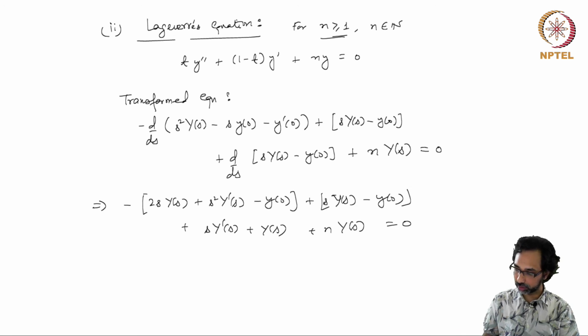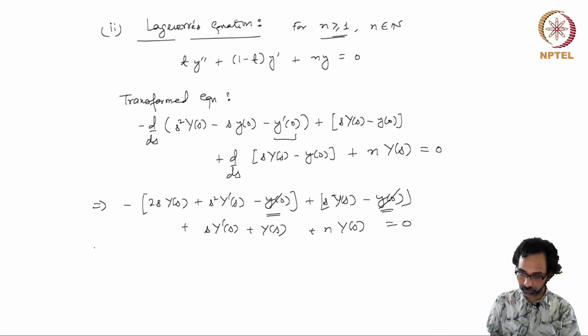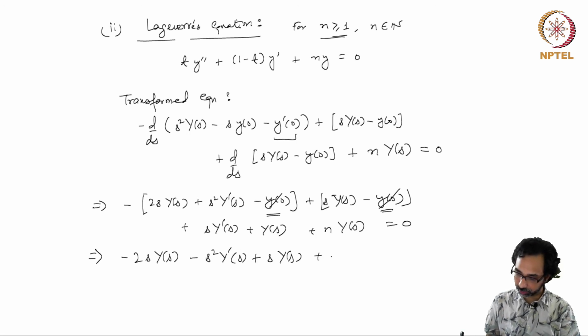This is equal to 0. Now notice that y prime(0) vanishes from this equation because it's under the derivative and it's a constant. Now y(0) will also cancel out. So this y(0) and this y(0) cancel out. So in the end you will get minus 2sY(s) minus s square Y prime(s) plus sY(s) plus sY prime(s) plus (n plus 1) times Y(s). This is equal to 0.